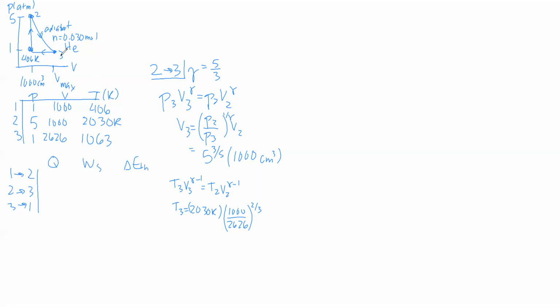Yeah, it's a good suggestion. If you try to go from 1 back to 3, you certainly would have V3 over T3 equals V1 over T1. But the issue is that you don't know either of these two. You know the ratio.